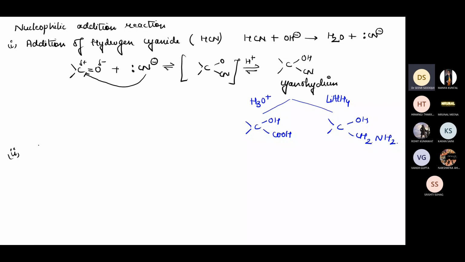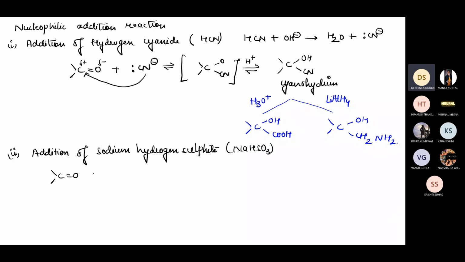Now, the second nucleophilic addition reaction is going to be the addition of sodium hydrogen sulfite. It is NaHSO3. Now again you have taken the aldehyde or ketone and taken NaHSO3. Again the same reaction.